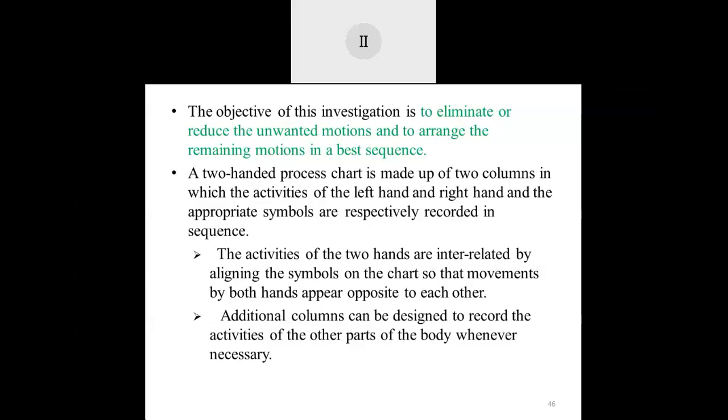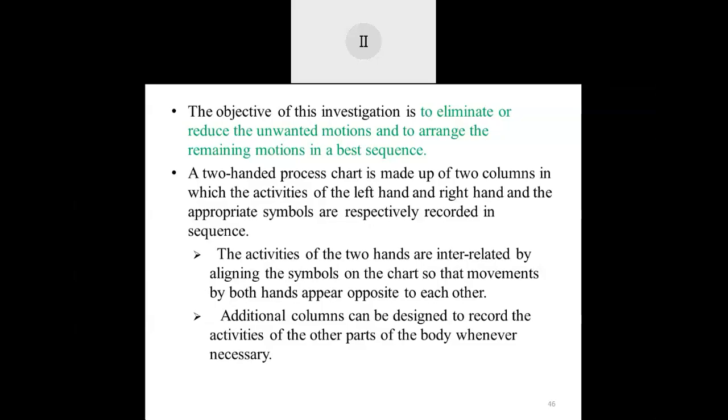So in one column we will write the movement or whatever the activities by the specific symbol, and on the right side we will write what our right hand is doing at that time period with the appropriate symbol, right? So that we can have an idea of what our left hand is doing and what our right hand is doing at a specific time period.